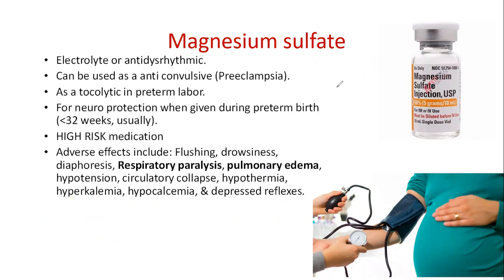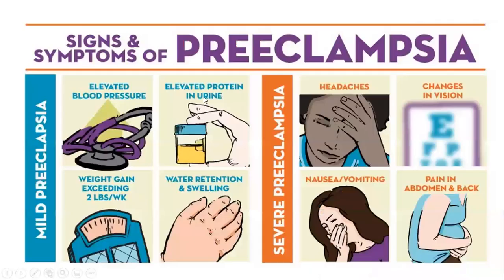What next? Next, we can see a picture of the signs and symptoms of a patient who has pre-eclampsia. Here it is talking about mild pre-eclampsia and severe pre-eclampsia.